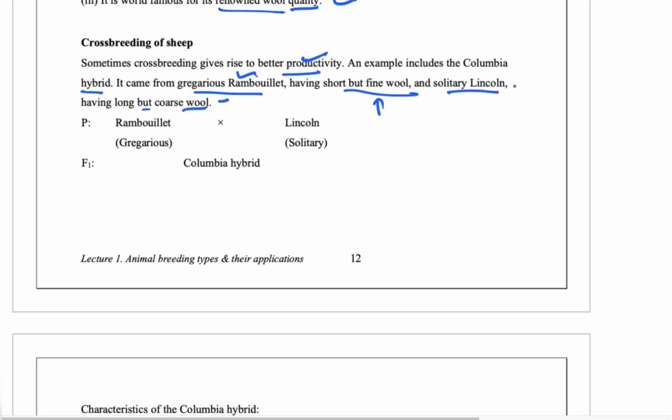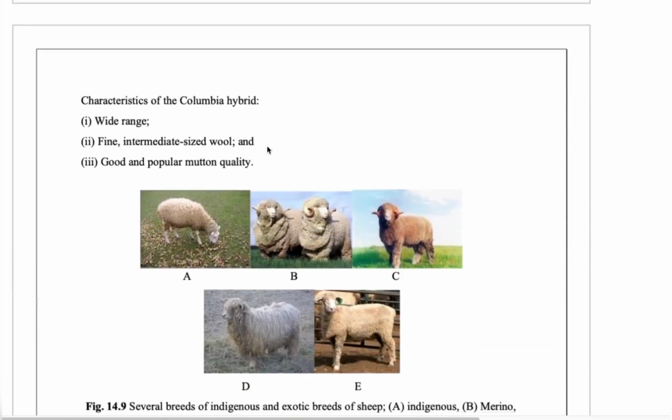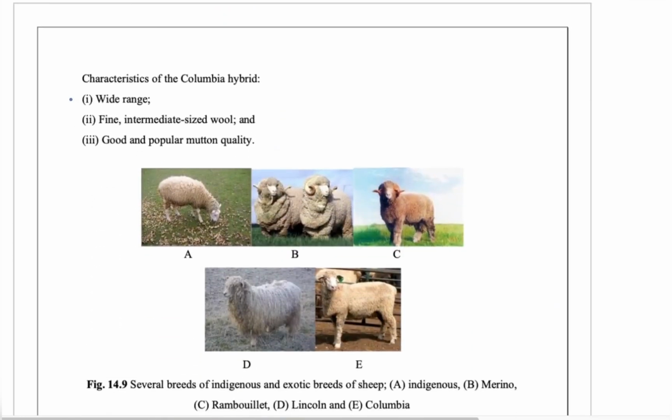So one has the character of coarse wool quality, the other has the character of fine wool quality. So they crossed these two parents. After the cross they have the F1 generation, which is the Columbia hybrid, and the Columbia hybrid has the characters of both. They have a wide range, fine intermediate sized wool, and good and popular mutton quality also, right?